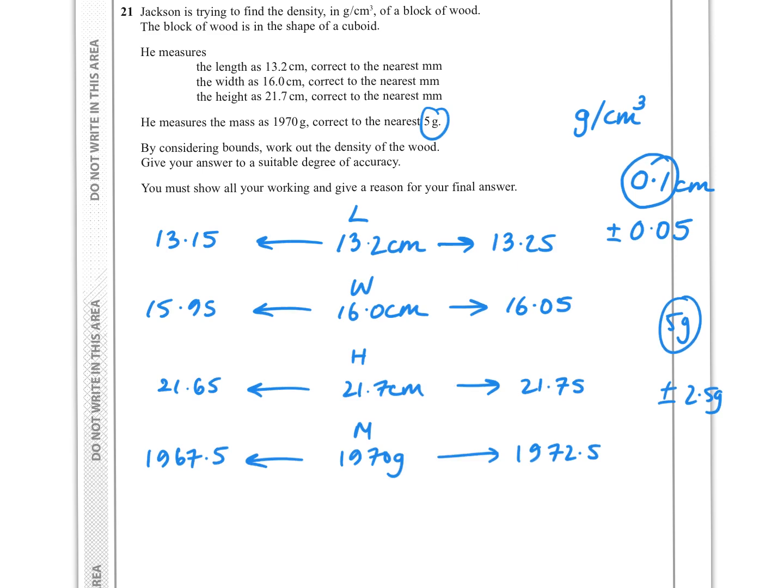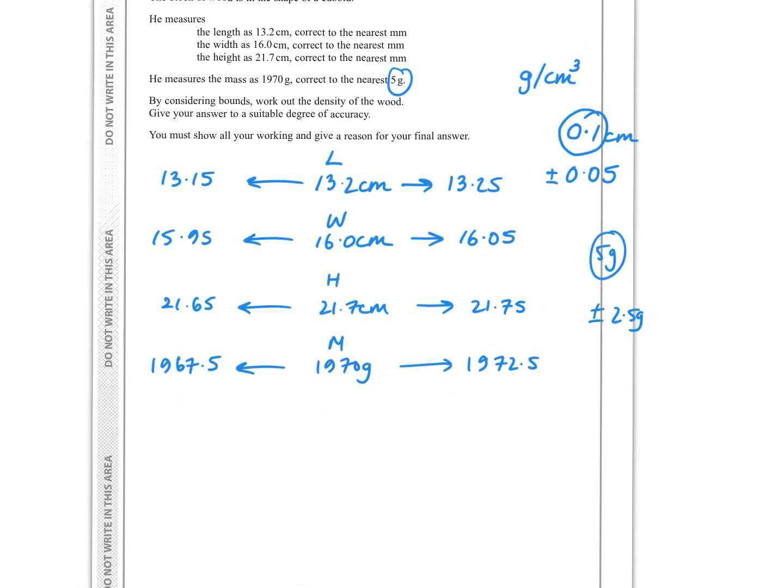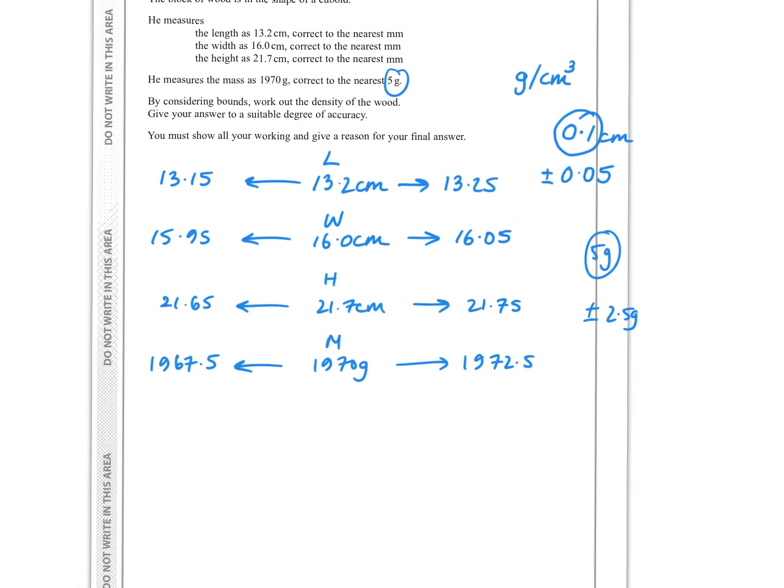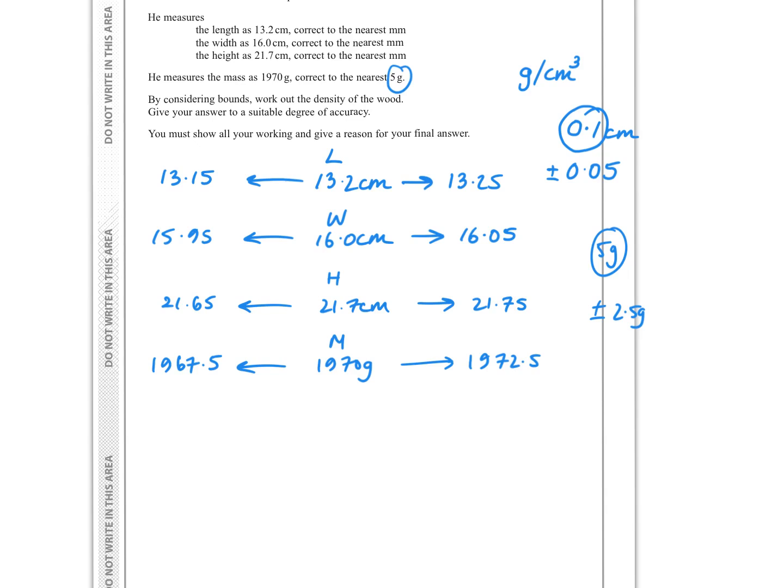By considering bounds, work out the density of the wood. So I wouldn't worry too much. Just find the upper bound of the density, find the lower bound of the density, and then we'll go from there. So if we look at the formula, density is mass over volume, and it kind of tells you because it's grams over centimetre cubes, and grams is mass and centimetre cubes is volume.